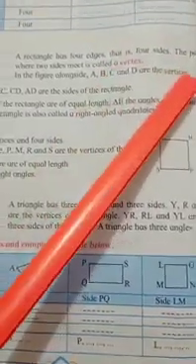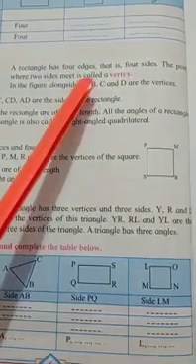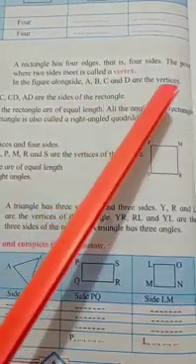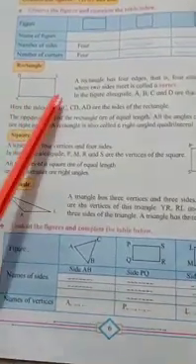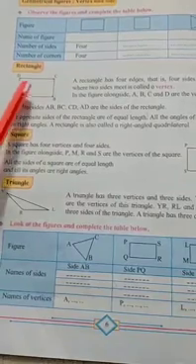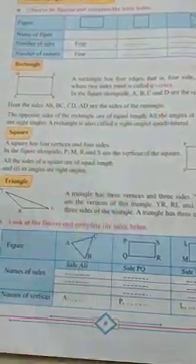See here. A rectangle has 4 edges, that is 4 sides. The point where 2 sides meet is called a vertex. In the figure alongside A, B, C and D are the vertices. Here the sides AB, BC, CD and DA are the sides of a rectangle. Okay.